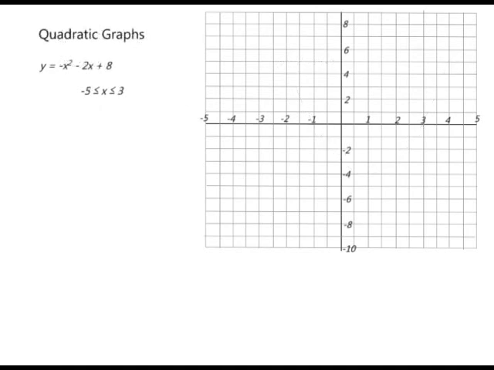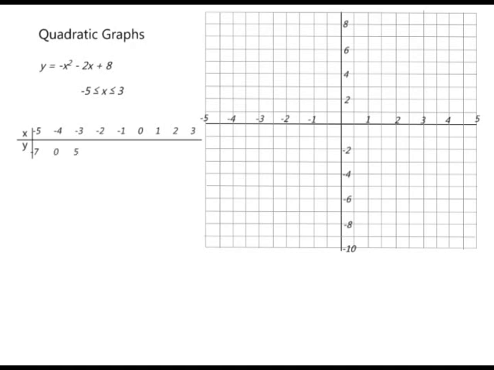Let's now draw the graph for y is equal to minus x squared minus 2x plus 8 for the range of values of x from minus 5 to 3. Table of values. When x is minus 5, y is minus 7. X is minus 4, y will be 0. X minus 3, y will be 5.